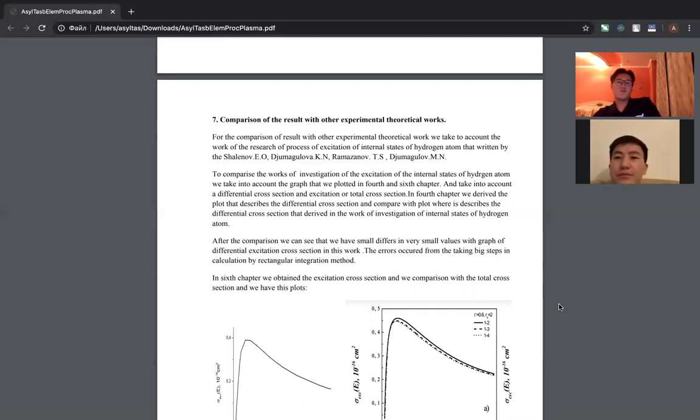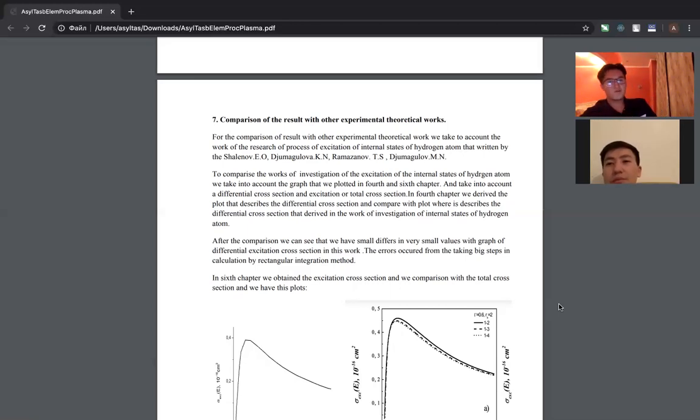To compare the works, we take into account the graphs that we plotted in the fourth and sixth chapters, the differential cross-section and the total excitation cross-section.